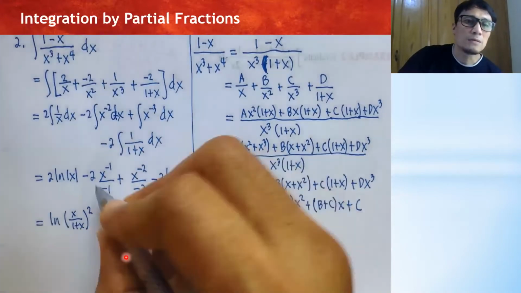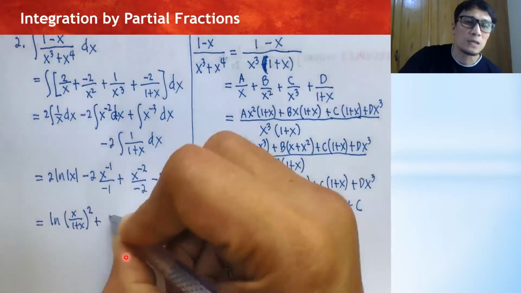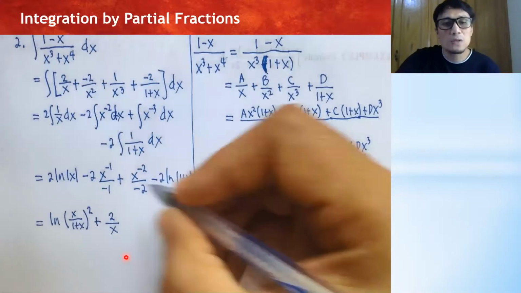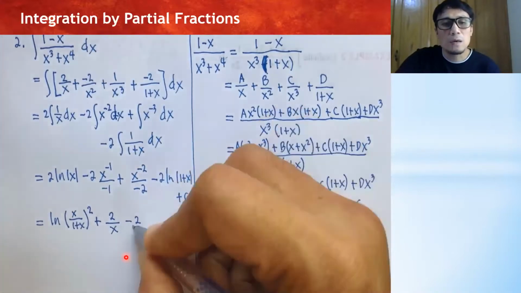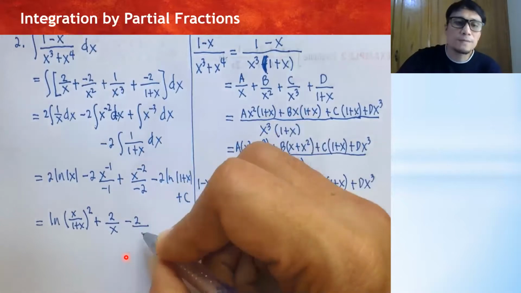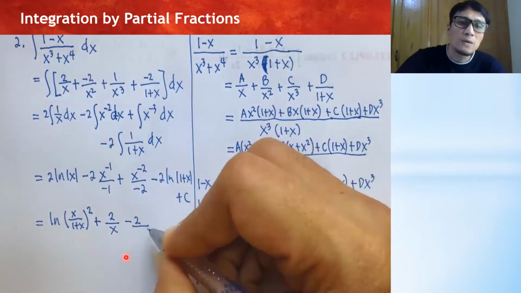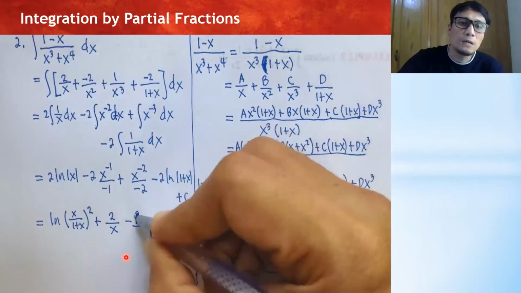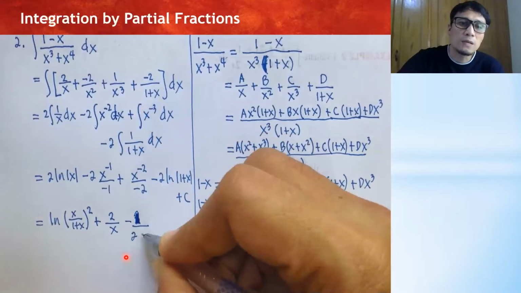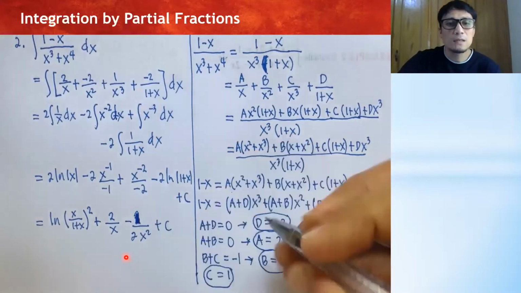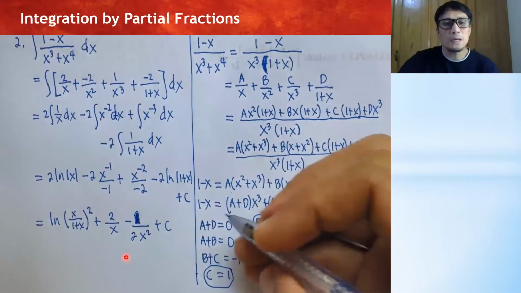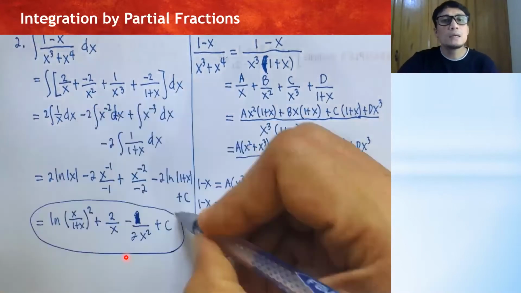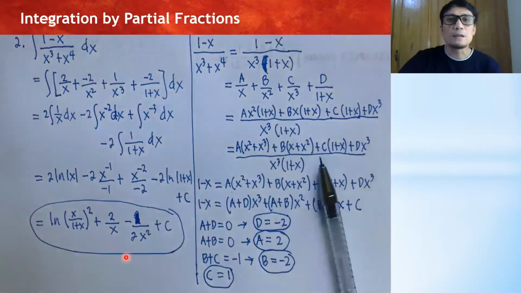And then this one is positive because that's 2 over x. And this one here is minus 1 in the numerator over 2x squared, then plus c. So this is our integral.